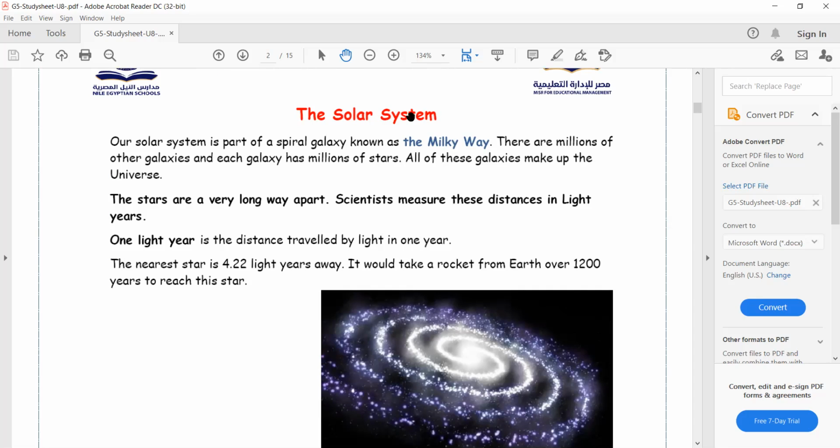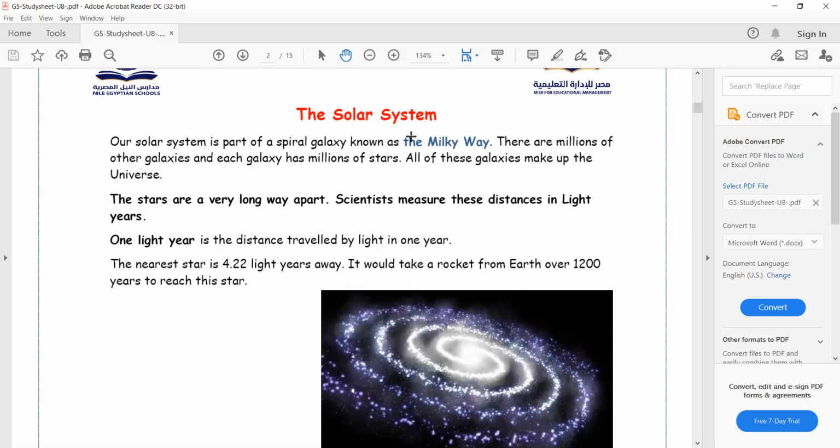There are millions of other galaxies in this universe. A galaxy is a group of millions of stars like our sun, and they are the building unit of the universe.